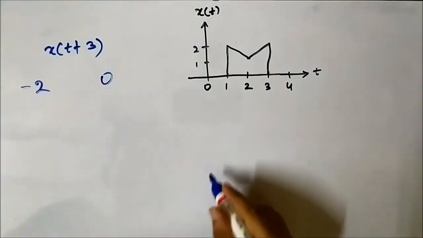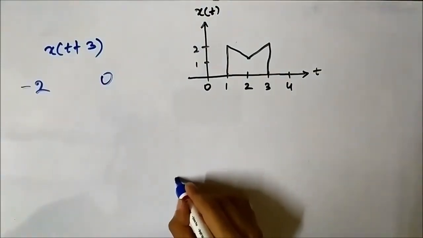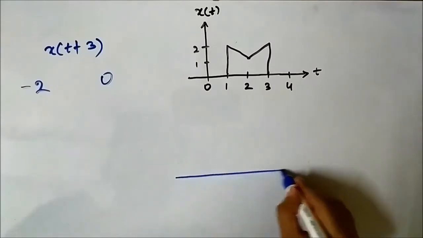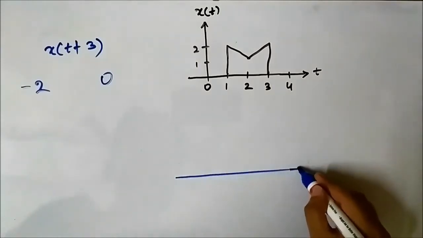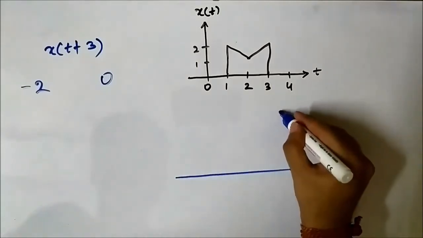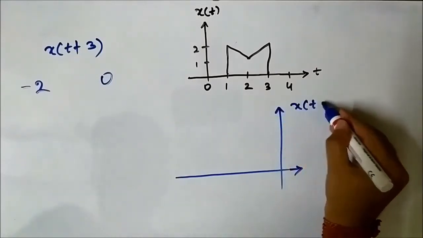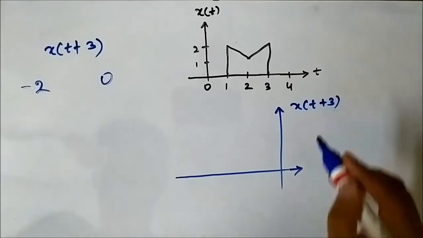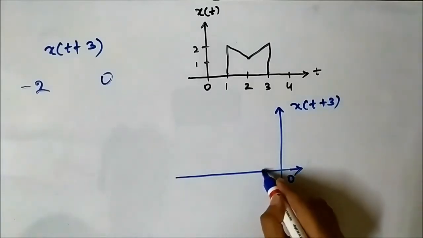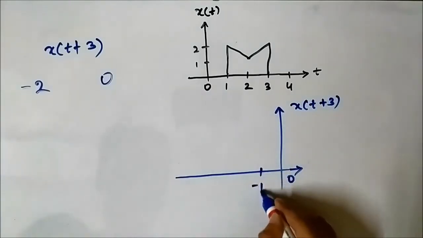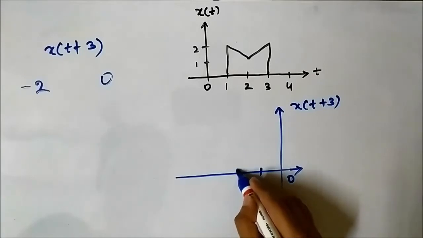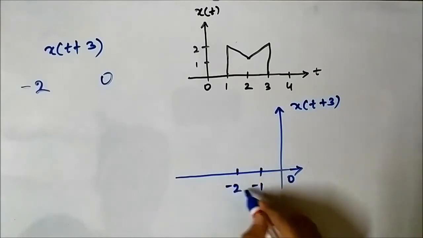So the shifted signal x(t+3) will look something like this: 0, -1, -2.